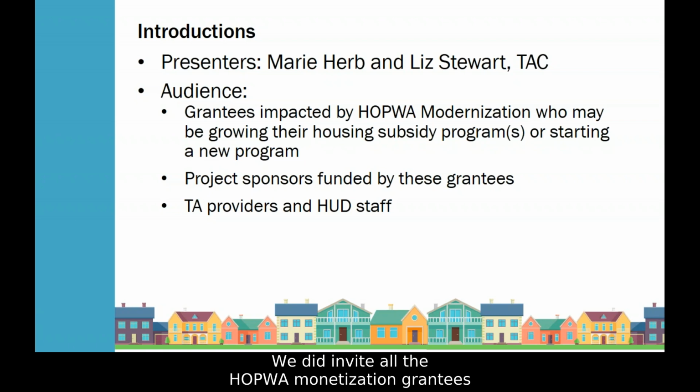We did invite all the Hopwa modernization grantees to participate if they wanted to, but the focus is really on those that we're seeing or targeted to see an increase. Those grantees may have in turn invited their project sponsors to join us today, and so we welcome you. And then besides the TA providers, we have some staff from HUD's Office of HIV Housing and perhaps some staff from the HUD field offices with us today. So we have a good group.